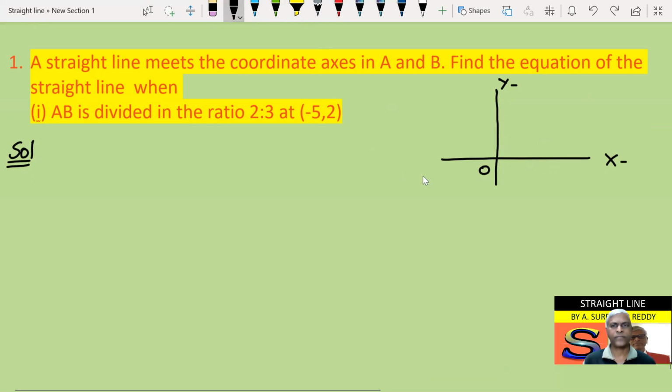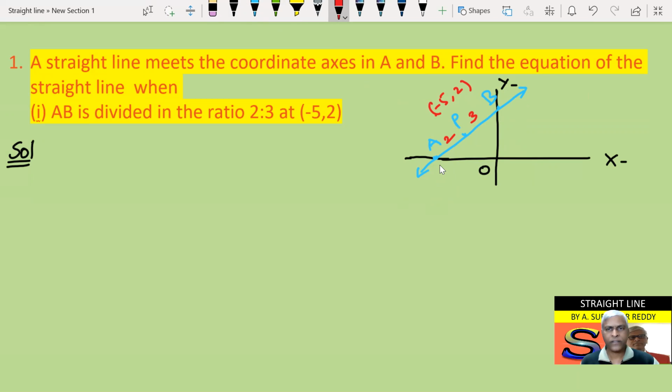We can extend it. So if you take the line like this, so A and B, it meets coordinate axis at A and B, and there is a point P which divides the line segment AB in 2:3 ratio, where P is -5, 2.